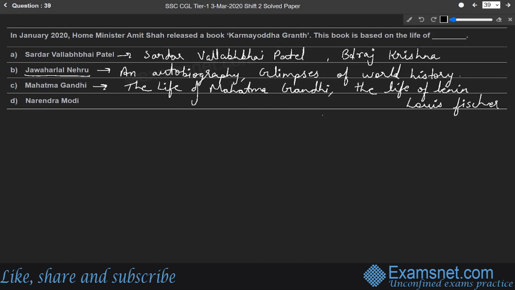Last option is Narendra Modi. Books that were written for Narendra Modi described the life of him, and a book that was written for him was Karma Yodha Granth. It was majorly based on the life of Narendra Modi, and it was released by Amit Shah.